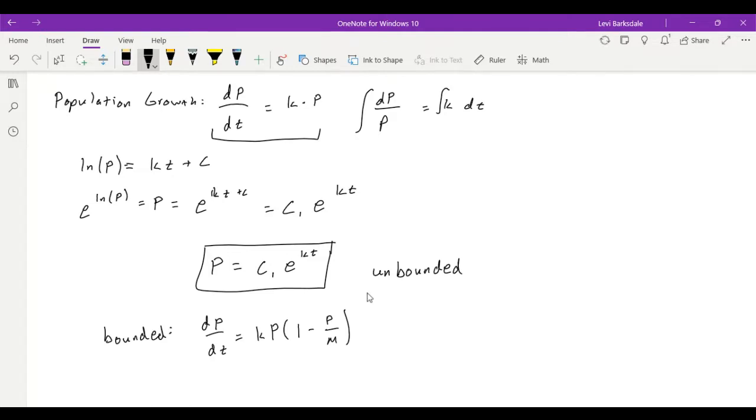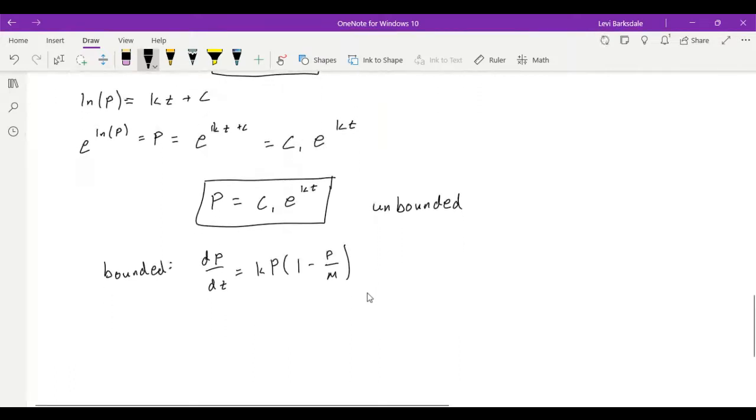but there are a couple of things you should realize. There are 2 occasions with this bounded population model where we have dP over dt equals 0. And that's when P is equal to 0. So if we don't have anyone in our population, it obviously can't grow.